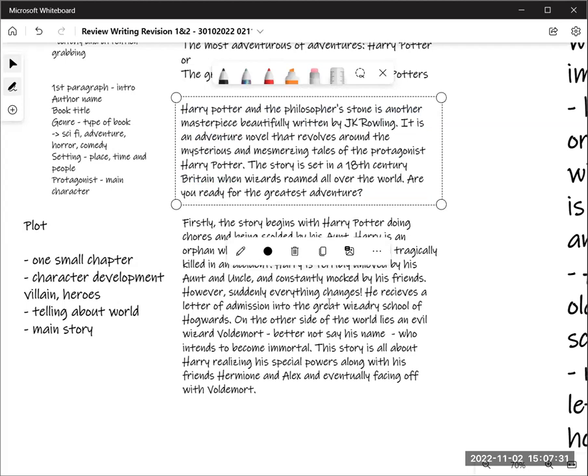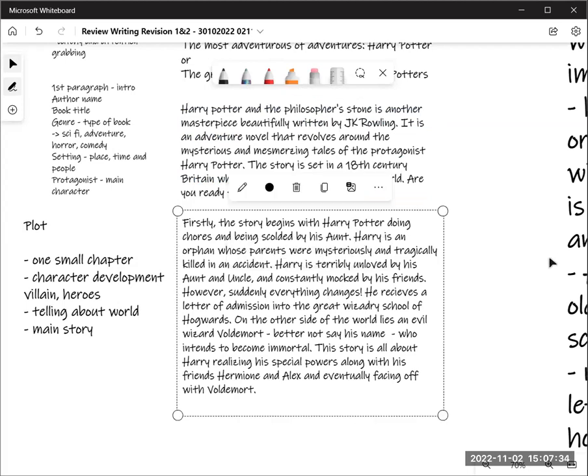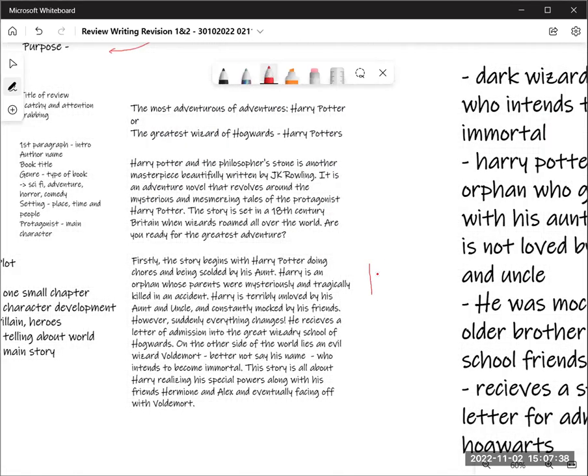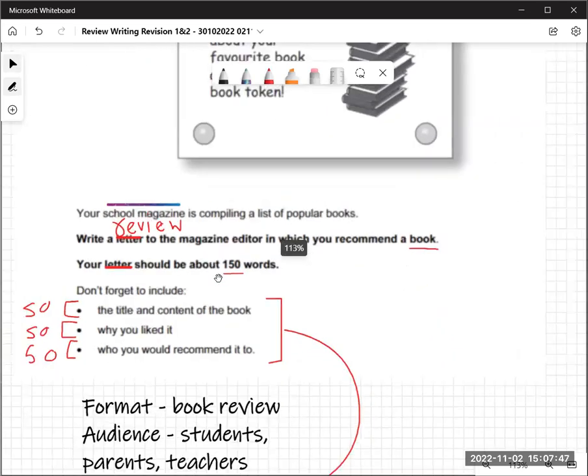That's 50 words, and that is 100 words. All right, so all of this right now is about 150 words. And then your letter has to be how many words? Well, okay, that has to be 150 words.